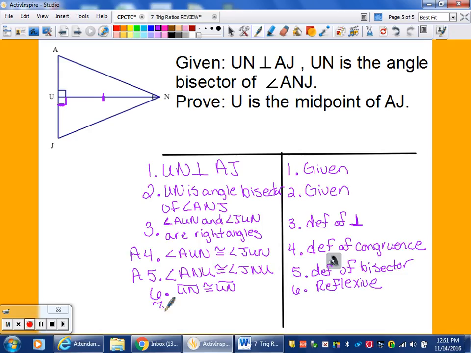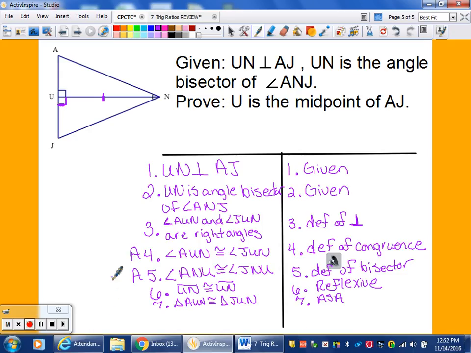Now I can state that the triangles are what? Congruent. So triangle AUN is congruent to triangle JUN. By what? What's our reasoning here? Angle, side, angle.